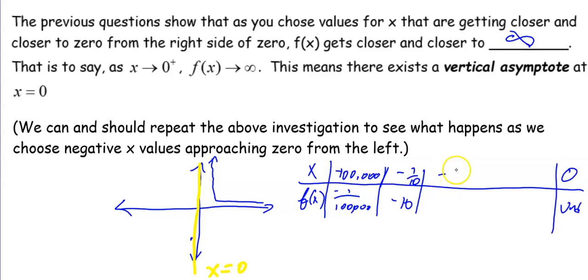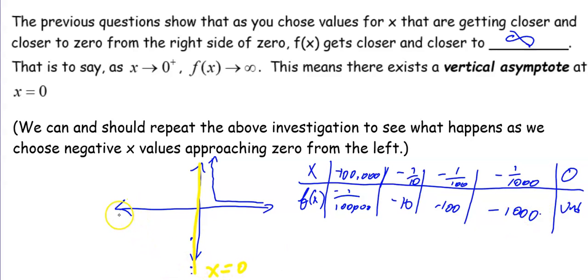What if we're getting closer and closer to 0? What if we do negative 1/100? That's going to be negative 100 in the y direction. Negative 1/1,000 is going to be negative 1,000 in the y direction.